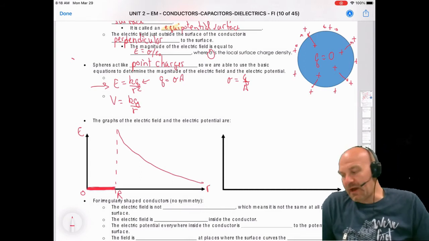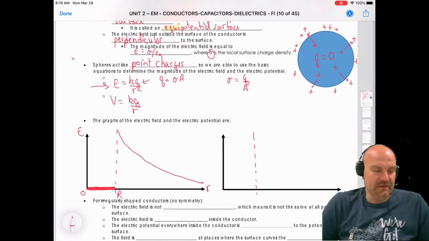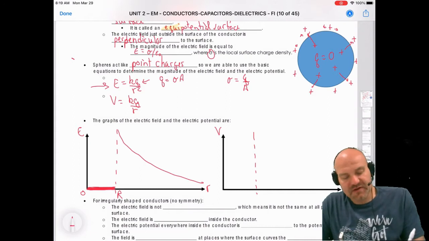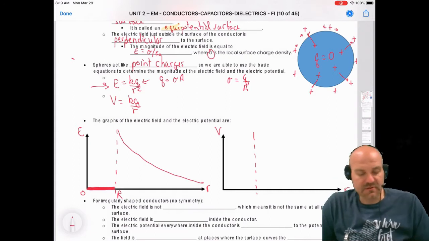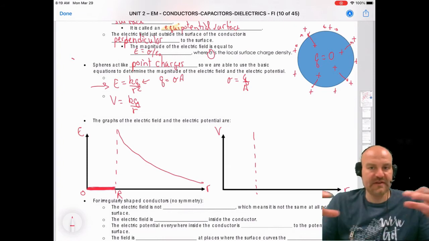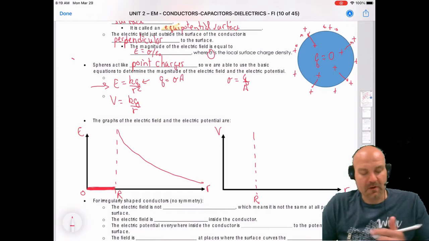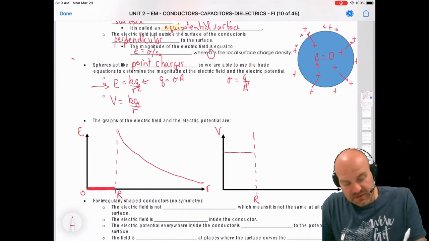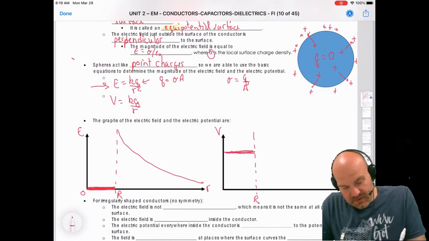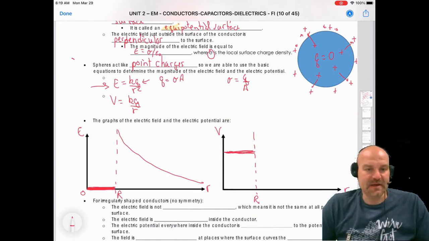Okay. So that is our E versus r, electric field versus distance graph. And now, if we look at our electric potential, we said that inside to the surface it's going to be all equal. All right. And so if capital R is the radius of our sphere, that means inside the conductor, it's going to be constant.